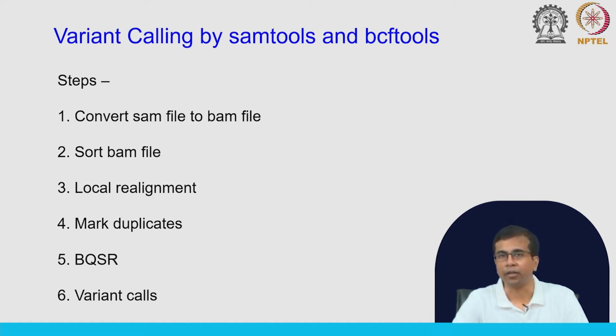In the third part we did something called local realignment. We used a specific tool to do so, and followed by that we marked duplicates, and again we discussed why duplicates are important, why you have to mark duplicates, etc. The fifth step we did not do, but this is something you might want to do in cases where you have a lot of SNP data: base quality score recalibration.